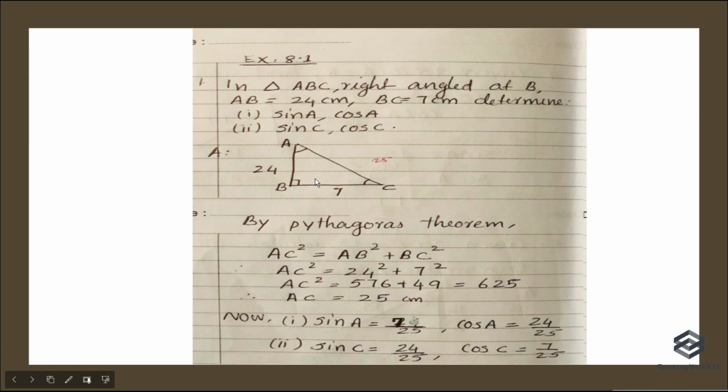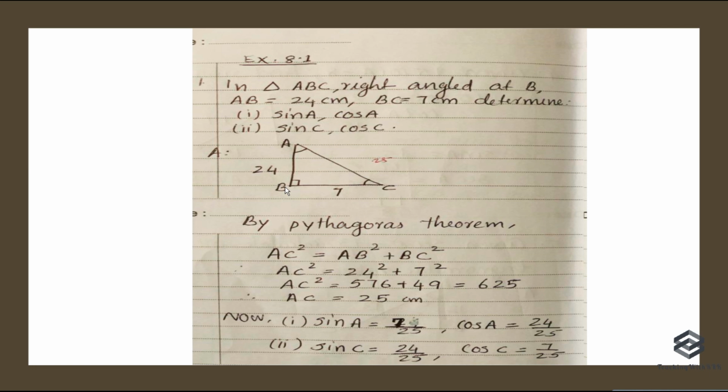From this figure, it is given AB equal to 24 and BC equal to 7. So here one side is missing, that is hypotenuse. To find out this missing side, we are using Pythagoras theorem. Therefore AC square equal to AB square plus BC square.